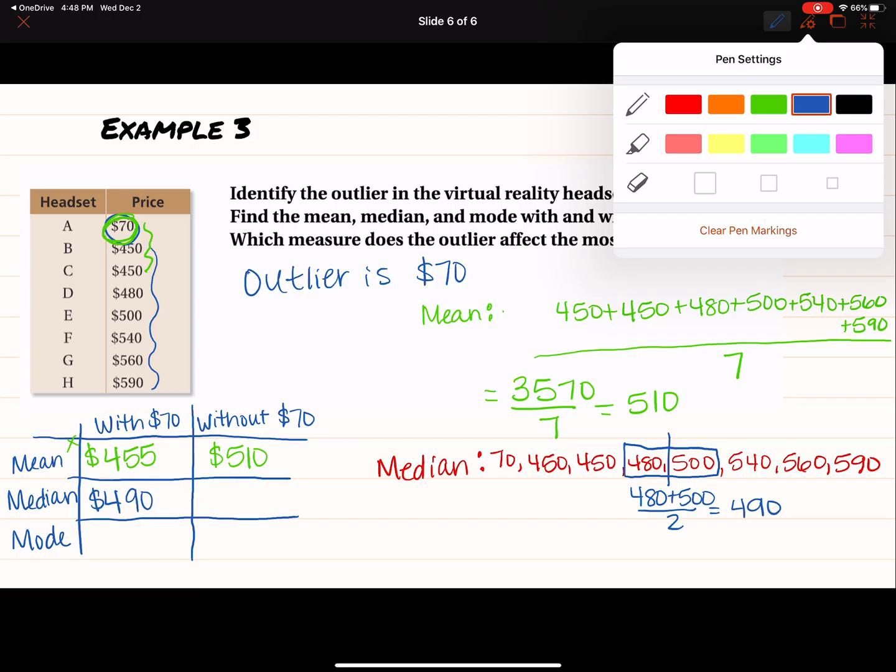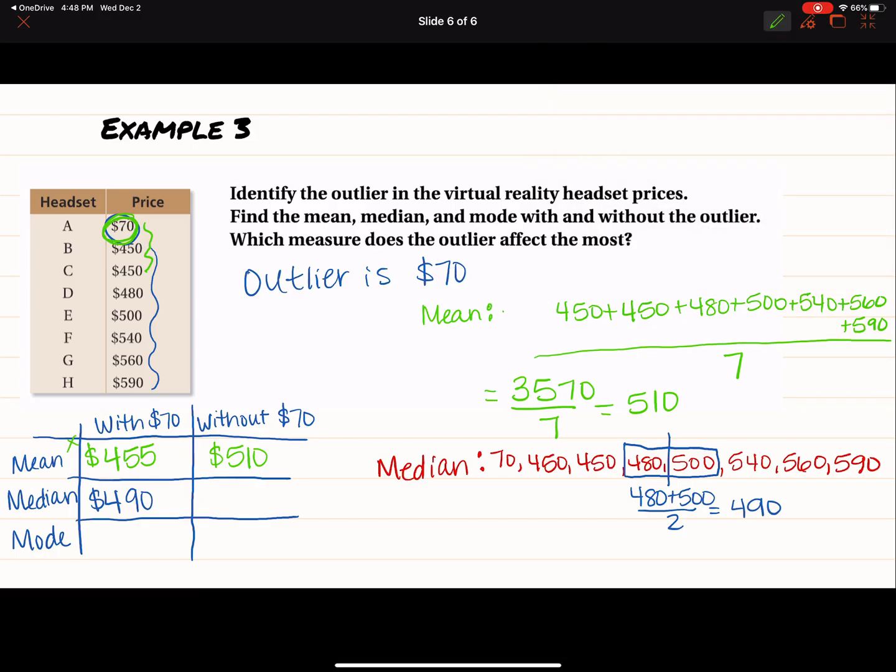All right, and then my median without the outlier, getting my eraser here again. I'll just write those again. Okay, so I want to take out the outlier, which is 70.